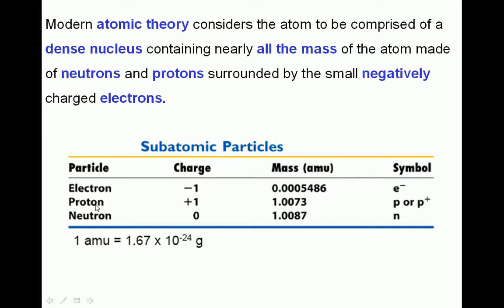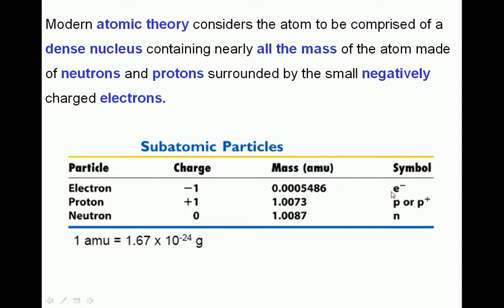So within the nucleus we have protons and neutrons. The protons are positively charged and the neutrons have no charge. Protons and neutrons have similar mass, which is about 1 atomic mass unit, where 1 atomic mass unit is a very small unit of mass. It's 1.67 times 10 to the minus 24 grams.